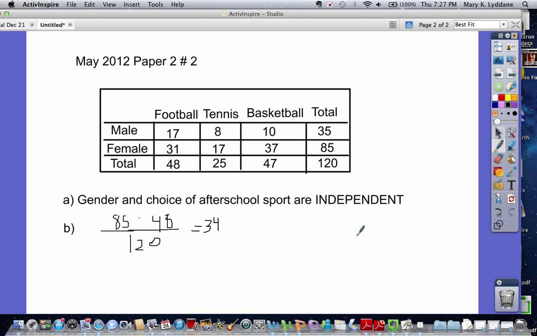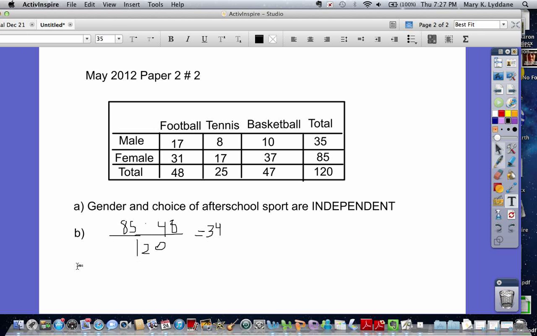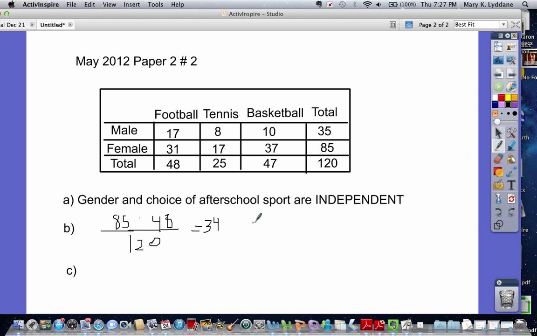All right, in part C, let's see, write down the number of degrees of freedom. So remember, degrees of freedom, it just says write down, so you do not actually have to show any work for this problem. That's the number of rows minus 1. So remember, the total doesn't count as a row.